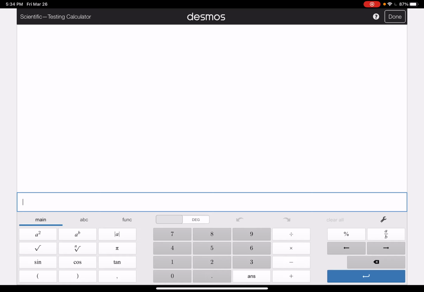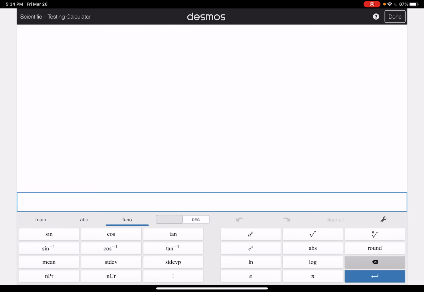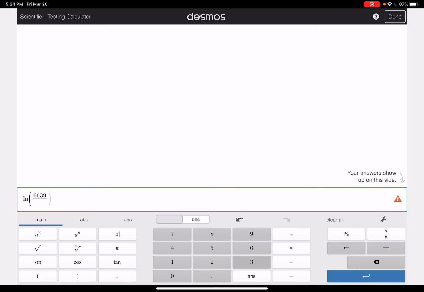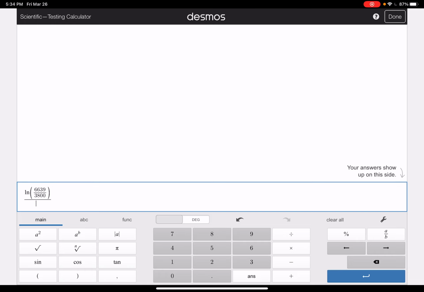Going back to scientific, I have ln of 6639 divided by 3800, over parentheses, divided by 0.062. Okay, so that's exactly what I have. I get 8.999.